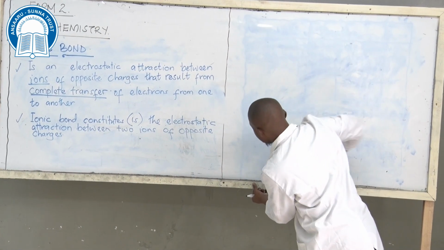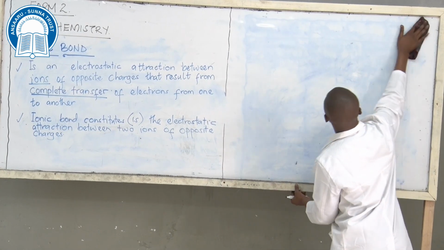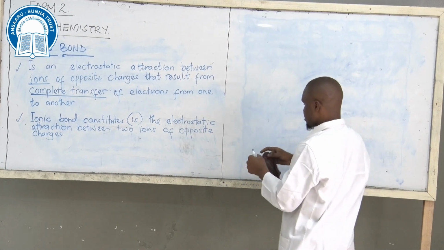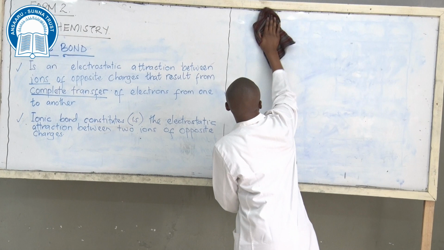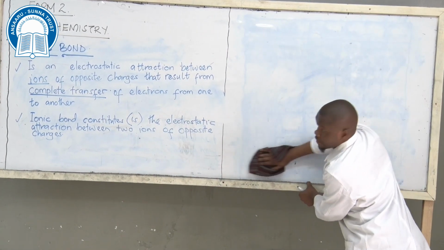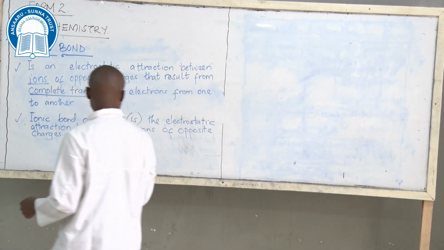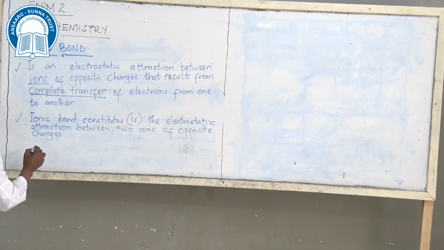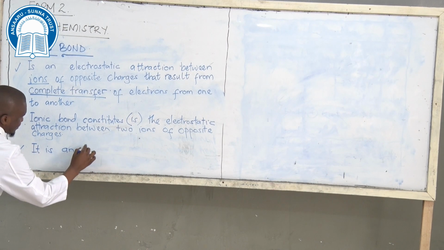That means one was formed through loss of electrons, the other one through gain of electrons. How does this occur? That is what we want to discuss here very quickly because of time. Now, I want to use an example here to illustrate.